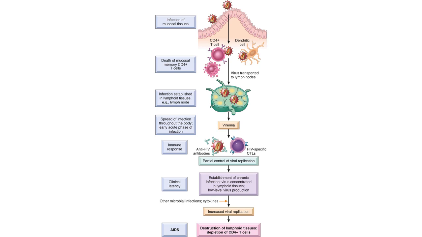So that particular T cell in the submucosa moves from the submucosa, so there is movement of that T cell through the lymphatic fluid. That moves to go and home into the lymph nodes or other lymphoid tissues.